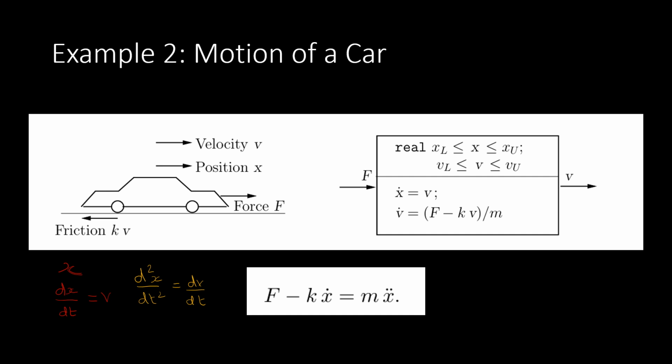When we have a distance x, dx by dt, the first derivative of x, is called velocity v. In our continuous time model, I call the rate of change of distance x dot, the first derivative of x.